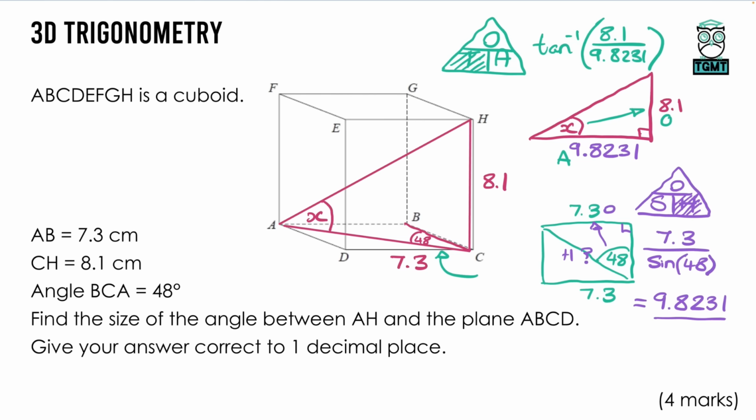So tan minus 1 of 8.1 over 9.8231, and just make sure you do type this in correctly. It's a lot of working out to do if you then type an incorrect number in. And that equals 39.508. A few more decimals, but I'm going to stop there because it did only want my answer to one decimal place, so we can cut it after the 5.